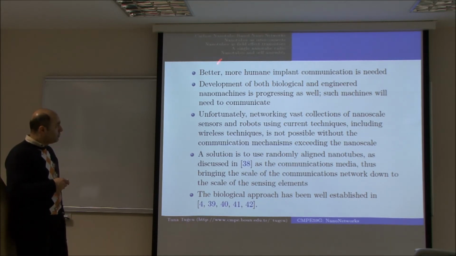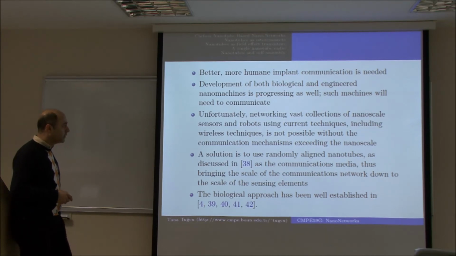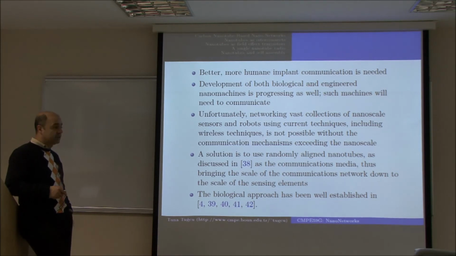So, better and more humane implant communication is required. And the development of both the biological and the engineered nanomachines helps in this way. Such machines, as we said, will require communication. That's something we need to attack. And unfortunately, networking vast collections of nanoscale sensors or robots using the current techniques, including these wireless communication techniques, is not possible without the communication mechanism exceeding the nanoscale.